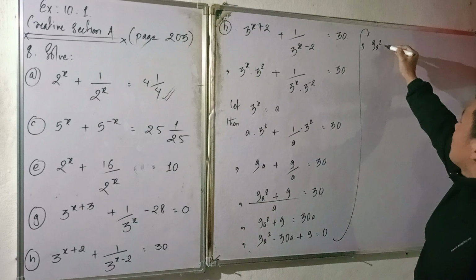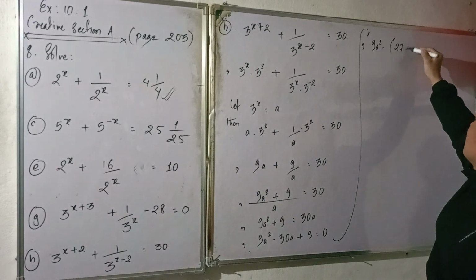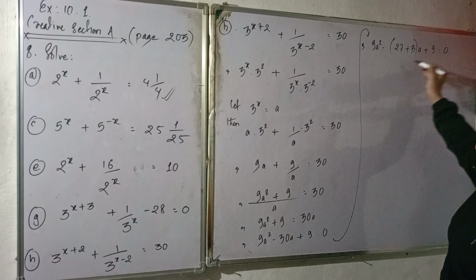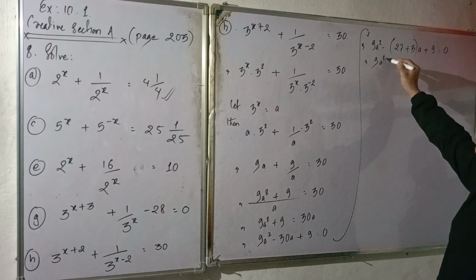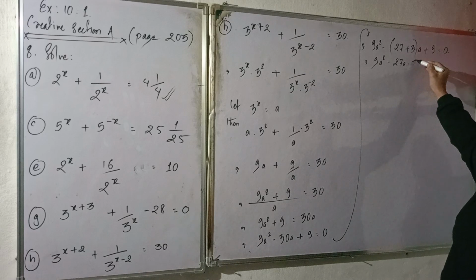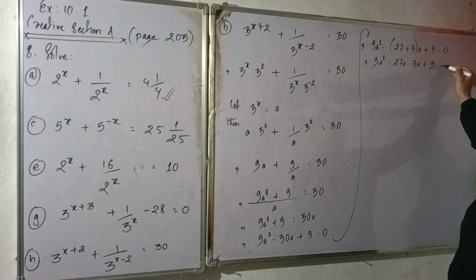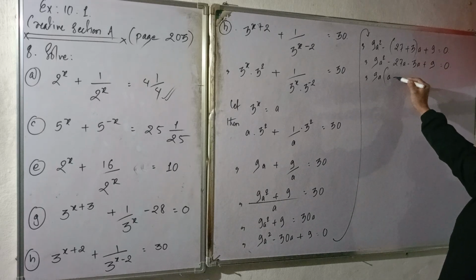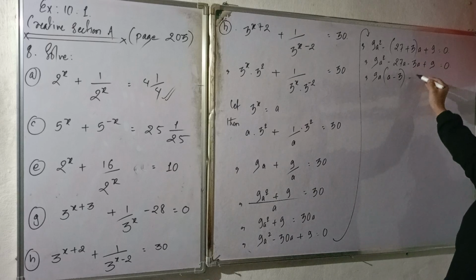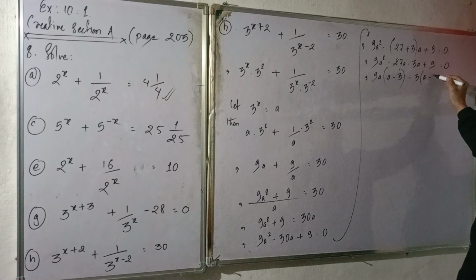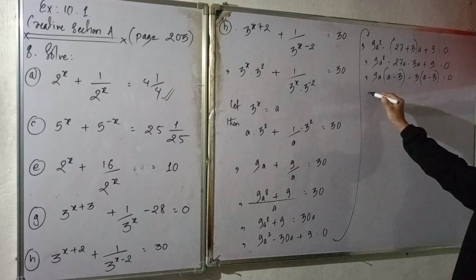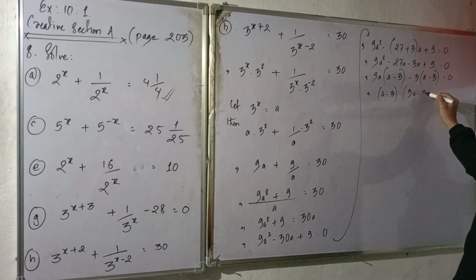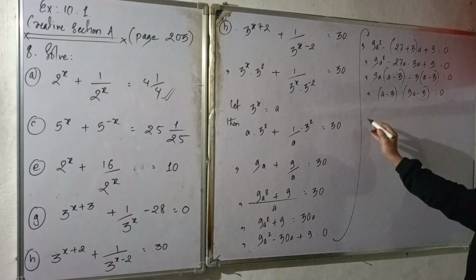So 9a square minus 27a minus 3a plus 9 equals 0, or 9a, a minus 3, is 27a, 3 times 3 is 9. Now you can see a minus 3, and another 9a minus 3, is equal to 0.